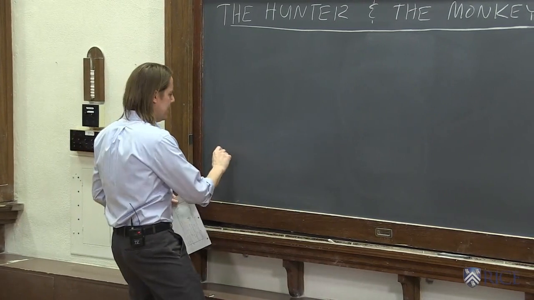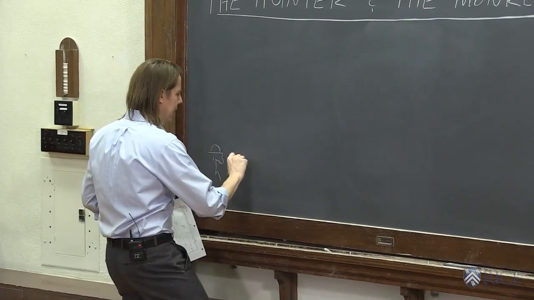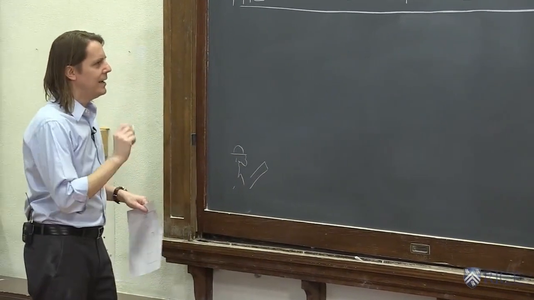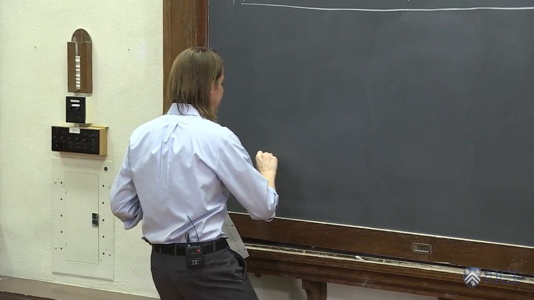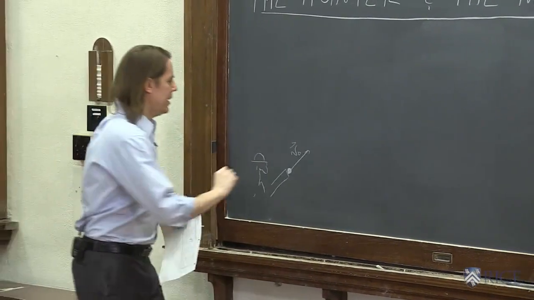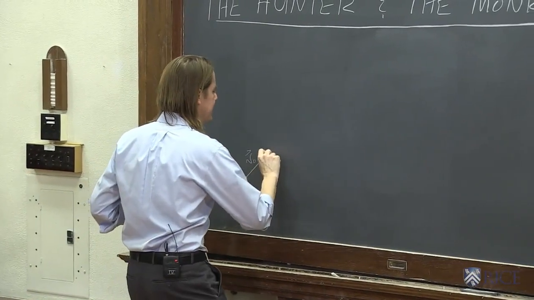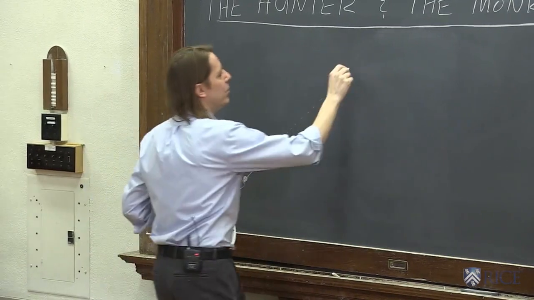So the hunter is over here, and I'm not going to wear the hat, of course. And the hunter has a gun, and he's going to shoot the gun. So the bullet is going to have an initial velocity like that, v0. And he shoots it, and he aims in a straight line, looking through his sights, right at the monkey.